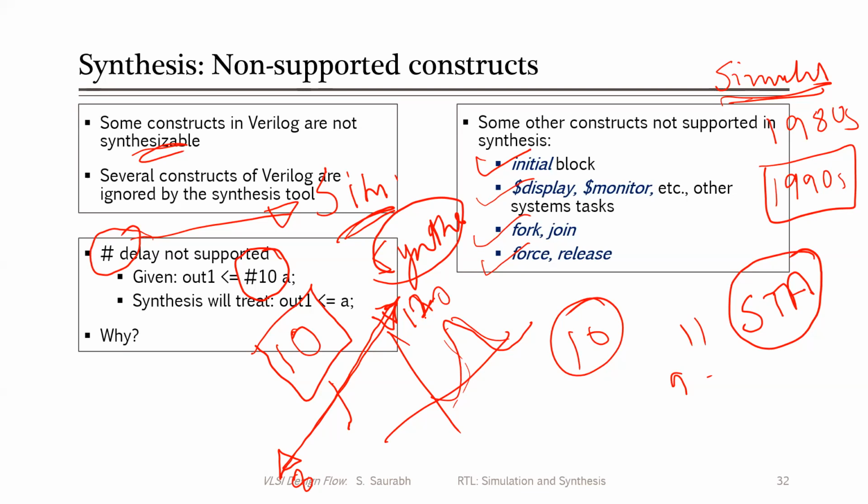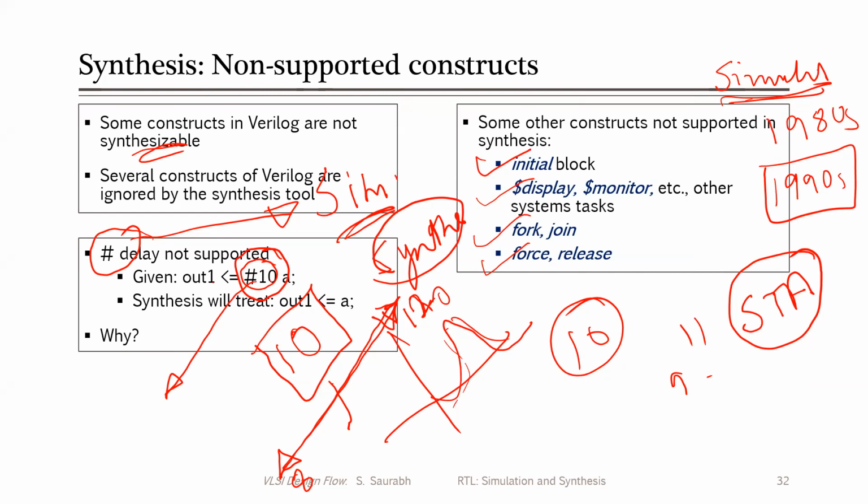Okay, so if you write a statement like out1 assign to A after a delay of 10 time units, then what will the simulation do? For simulation it is just a number in its data structure, so simulation will treat it exactly as a delay of 10, right? It is very easy for the tool to delay a signal by this much amount, because it is just mimicking the circuit.